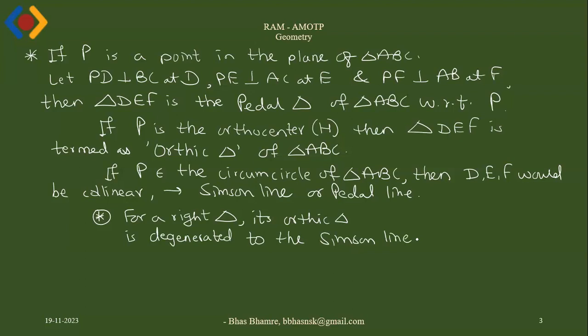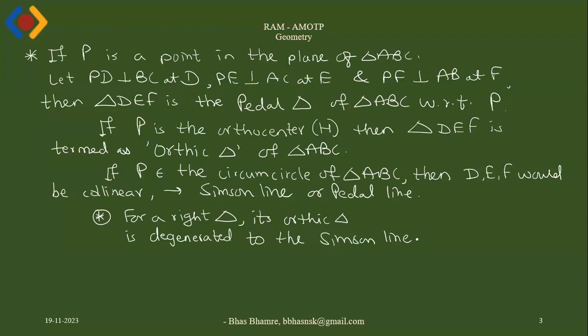So now it is clear that P lies on the circumcircle. So how many points are there on the circumcircle? Accordingly, we can have the pedal triangle.